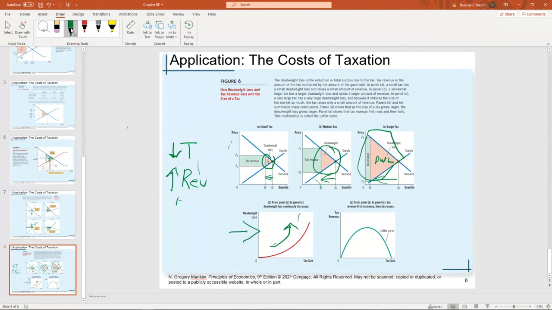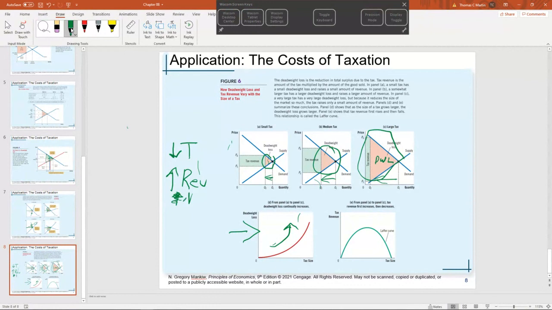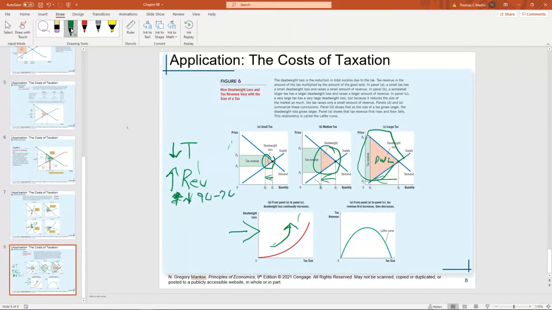Tax revenues increased because people are willing to work and invent and innovate and take risks for that additional potential profit. Under the next administration, the Reagan administration, it went from around 70 to the 50s, 60s.